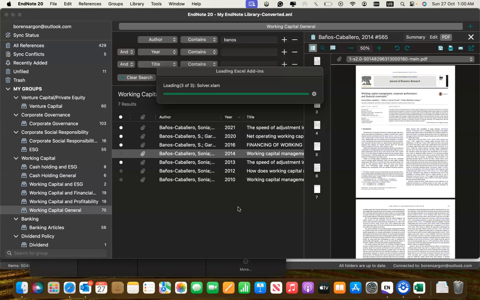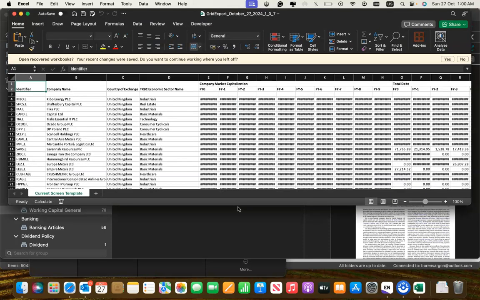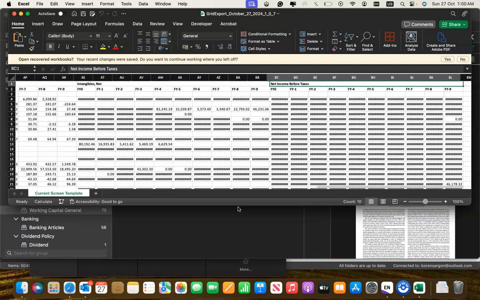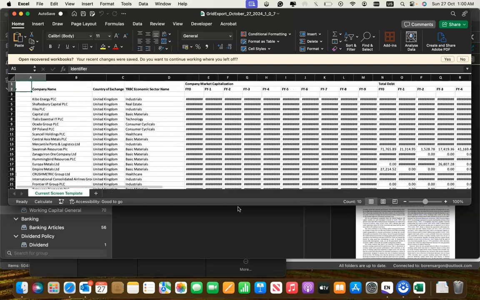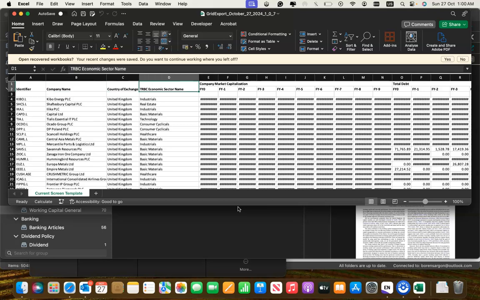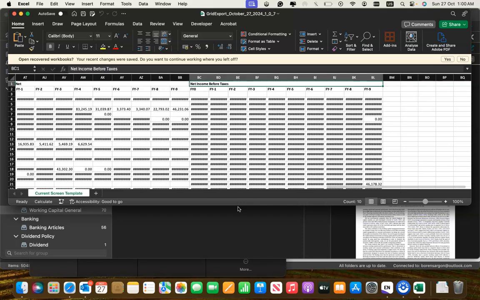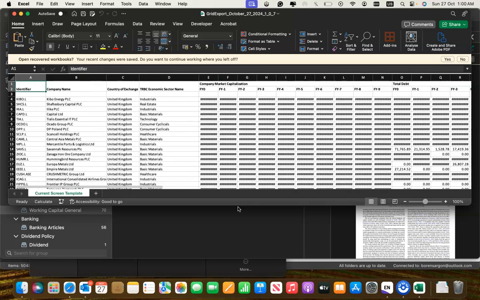Now I'm opening the data in Excel. So as you can see, the identifier is here, company name is here, country of exchange, GRBC, company market capitalization, total assets, and everything. So the next thing is actually look at how to import this data to Stata.